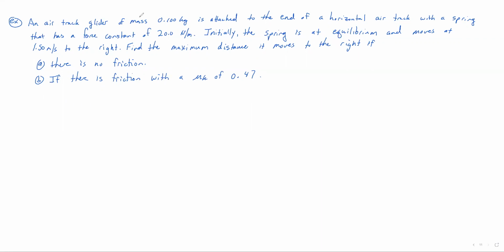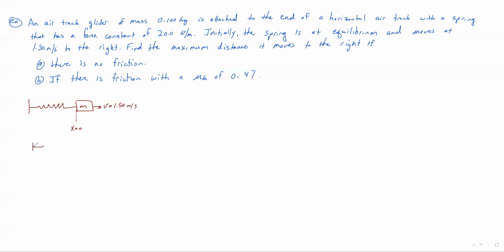So let's draw a picture of what's going on. We have a spring that initially is at equilibrium, so we know this is x equals 0. But it's moving this way at v equals 1.50 meters per second.